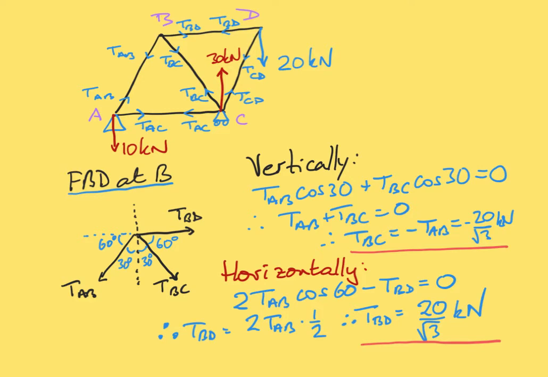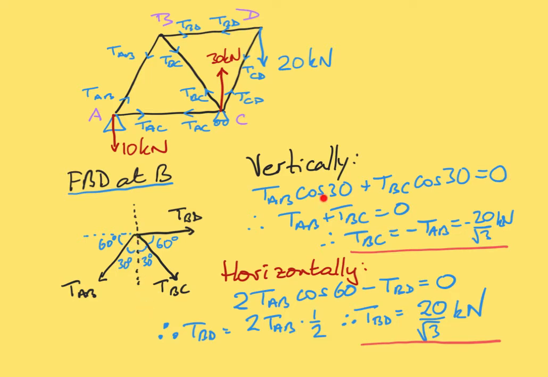So the sum of the vertical forces is going to be 0. So we have TAB times the cosine of 30 plus TBC times the cosine of 30. I'm adding them together because they're both acting in the same direction vertically, they're both acting downwards.